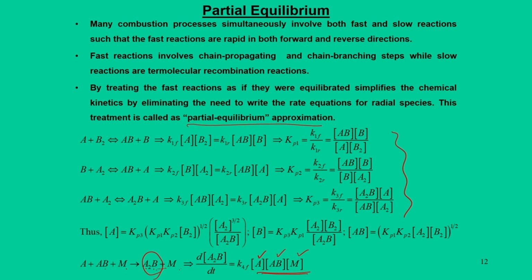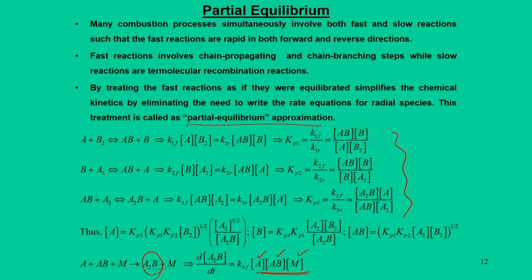So, we need to make partial equilibrium assumptions to find out the equilibrium concentration for the final species, and this process avoids the need to write the rate equations for individual radical species.